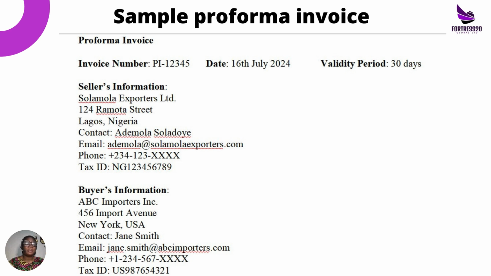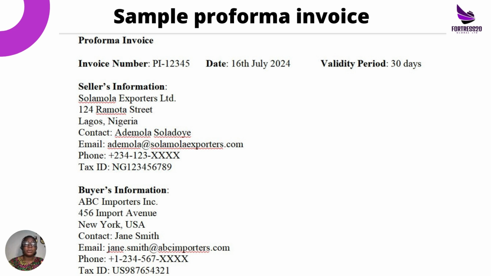Okay, we've spoken about the Proforma invoice. Now here's a sample showing you the 10 steps that I outlined earlier. If you look up here, that's the title, the Proforma invoice. Here's the invoice number. Look at the date and the validity period.